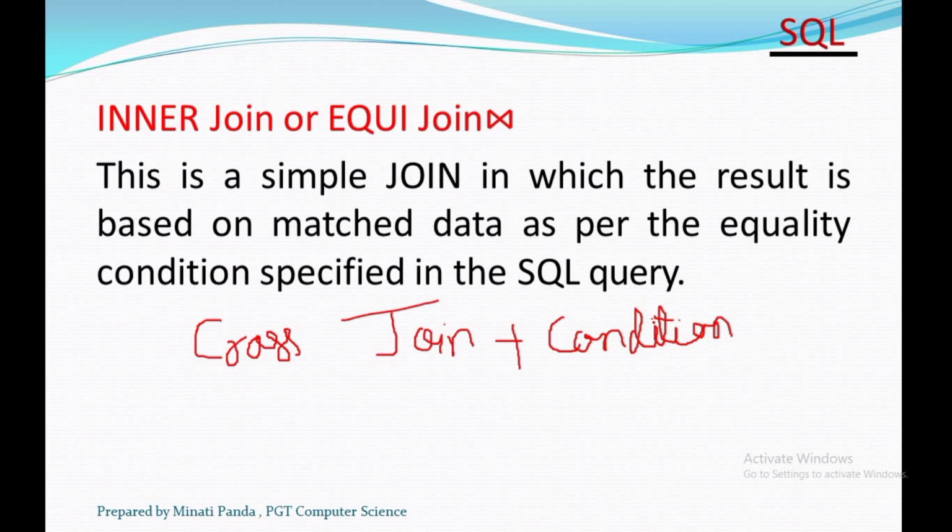It will give us 15 rows if we use Cartesian product. After getting the Cartesian product, it will check for equality in both the tables and the matched data as per the equality condition will be displayed.